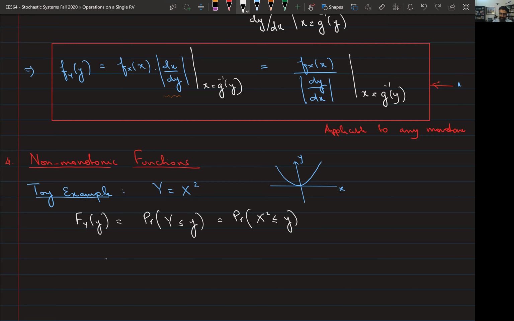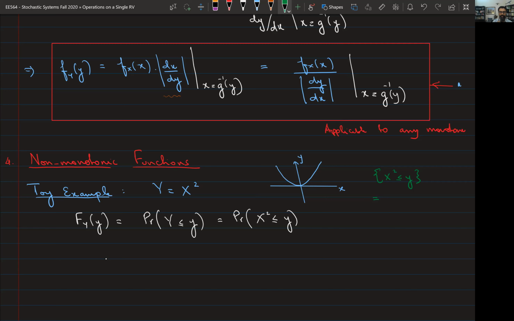So I want to see what this event, X squared less than or equal to y, maps to in terms of some intervals on X. When does that happen? Ghazi?